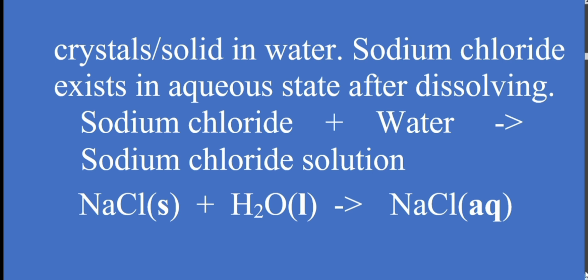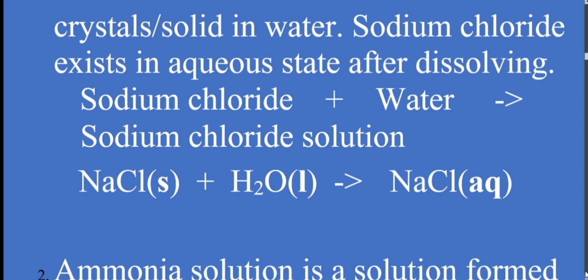Cl is the chemical symbol for chlorine. Then you have H2O for water. S is the state of matter, which is solid. L is the state of matter of water, which is liquid. Then aq is the state of matter for aqueous. We'll cover it as we go on.